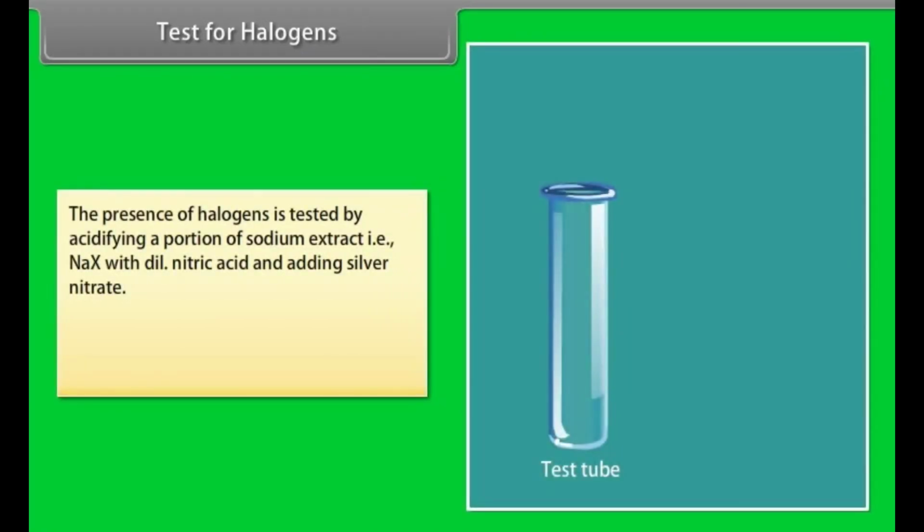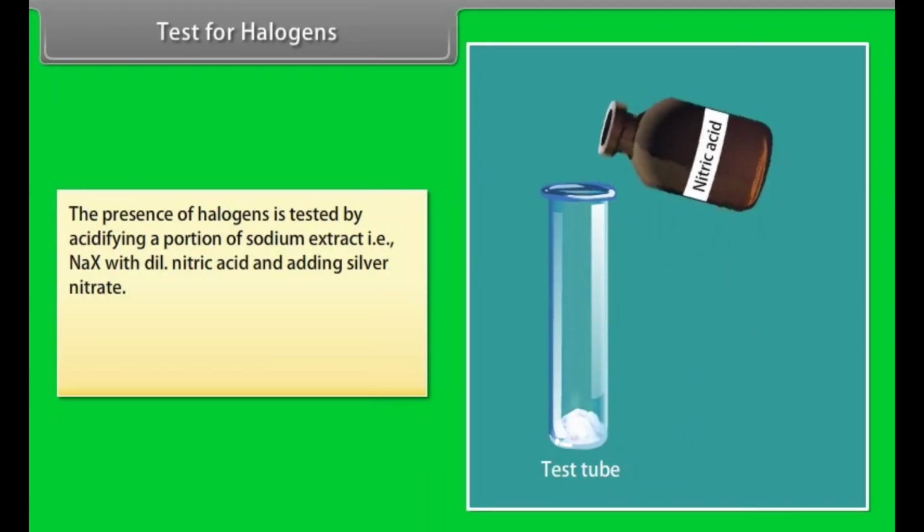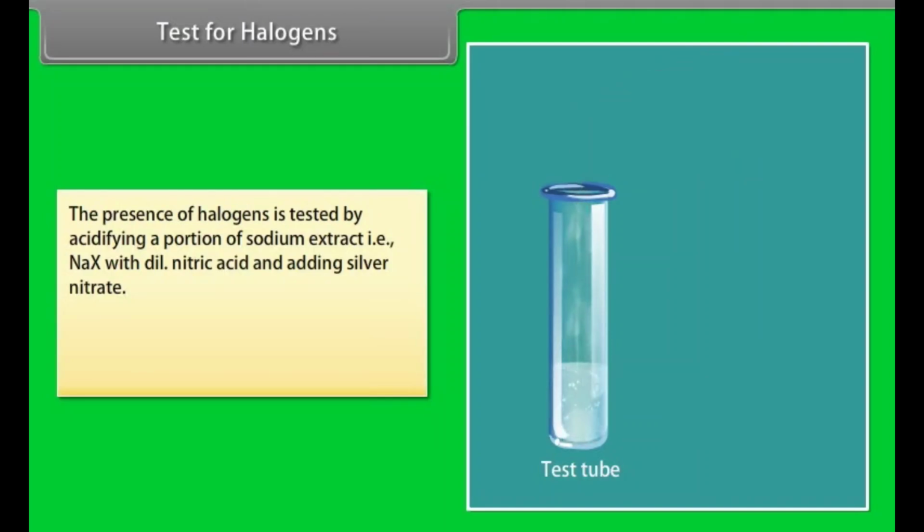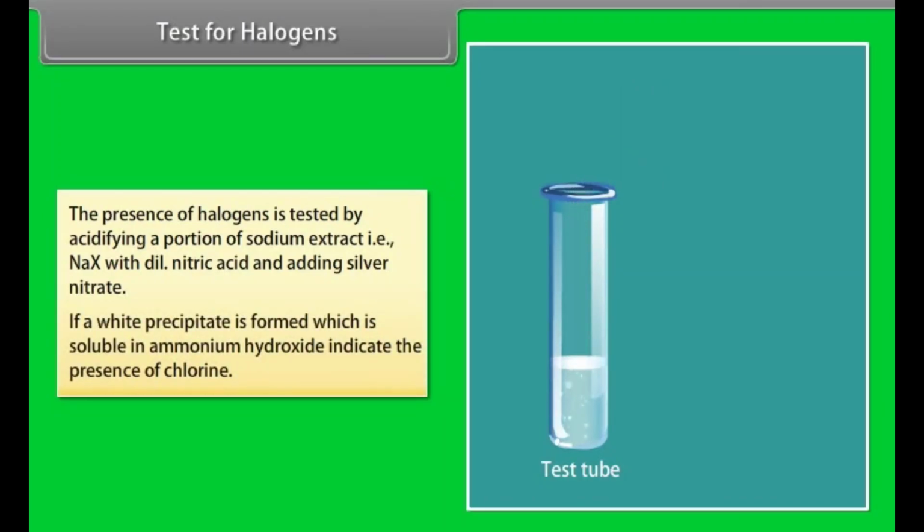Test for halogens. The presence of halogens is tested by acidifying a portion of the sodium extract, that is, NaX, with dilute nitric acid and adding silver nitrate. If a white precipitate is formed which is soluble in ammonium hydroxide, it indicates the presence of chlorine.